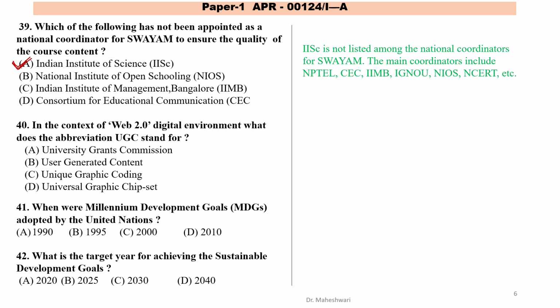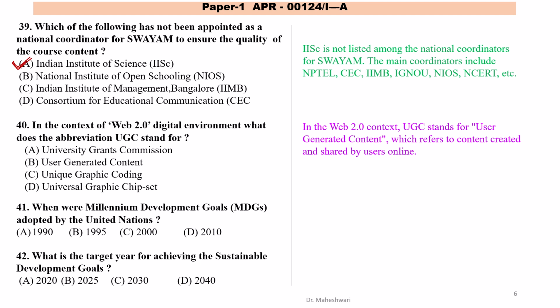Next is, in the context of Web 2.0 digital environment, what does the abbreviation UGC stand for? We know that UGC is University Grants Commission normally for our higher education, but they have asked here about UGC for the digital environment.